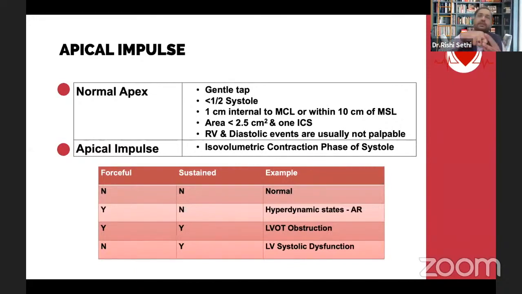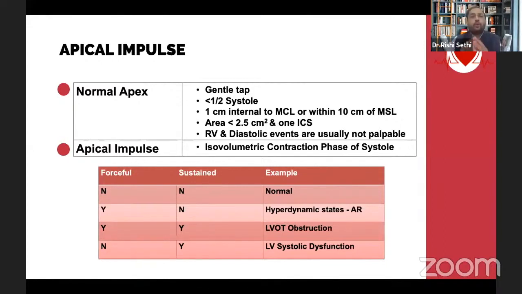The apex turns up, and this anti-clockwise rotating apex strikes your chest wall and gives you a feeling. As soon as your semilunar valve opens, there is no LV-OT obstruction, the blood gushes out, and the apex of your left ventricle moves away from the chest wall. So you feel the apical impulse only during the isovolumetric contraction phase of the ventricle.